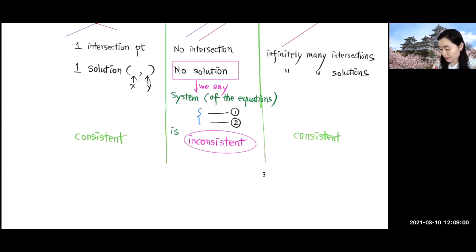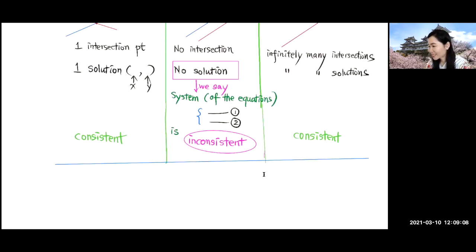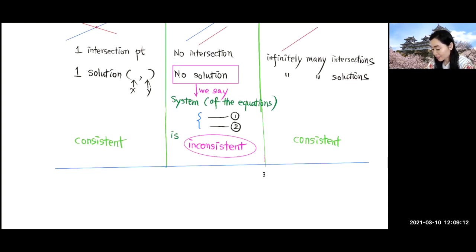Now what about another fancy word right here? Have you guys filed your income tax yet? If you file income tax, in the same family, husband and wife can claim each other as dependents.